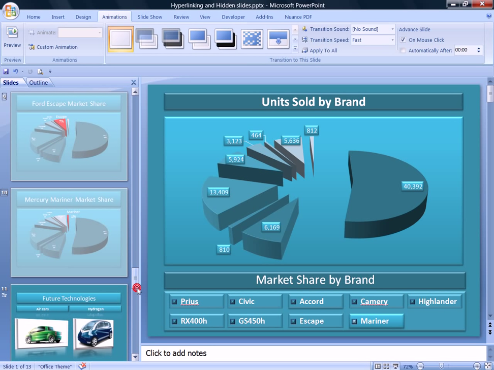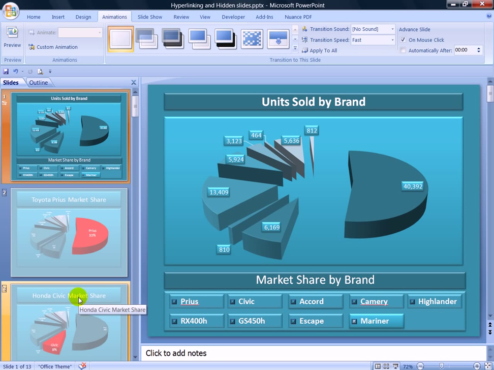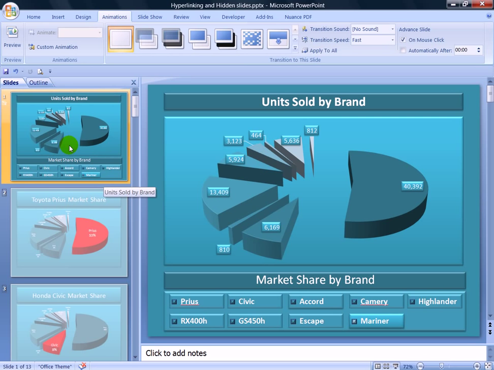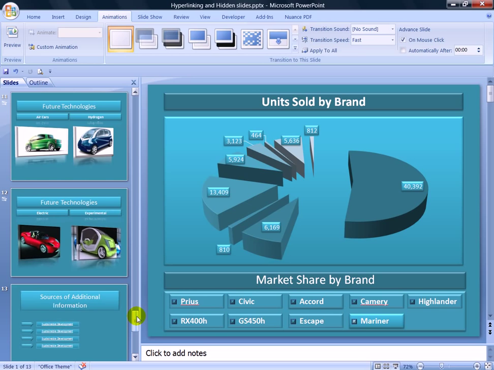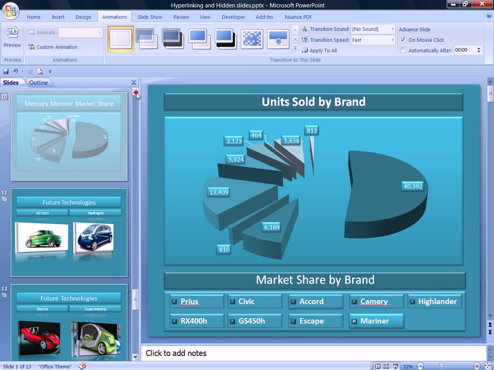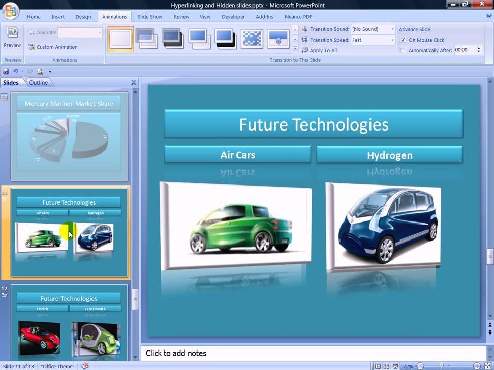What's going on there is that I've hidden those slides. I've hidden them so that they don't show during the normal course of the slideshow. If you're not clicking on one of these things and you advance to the next slide from slide 1 in this particular show, it's all the way down here to slide number 11. It's the next visible slide in the show.